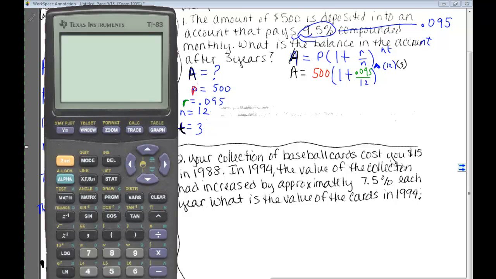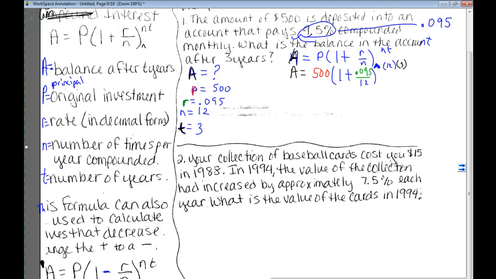One quick change. Since we are using the calculator to find this, need to make sure that you have parentheses surrounding the rate divided by the number of times per year compounded. So you will actually have a double parentheses here on the end. If you do not do this, you will end up with an incorrect answer.